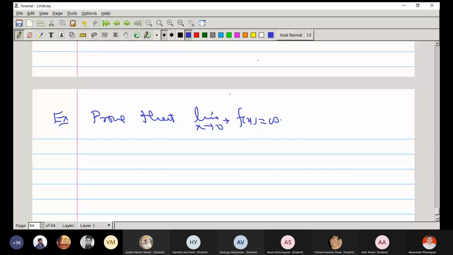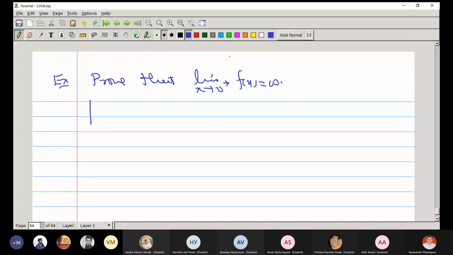If you look at the graph of this function, f of x is equal to 1 by x. If you go closer and closer to 0, then the function is approaching infinity.